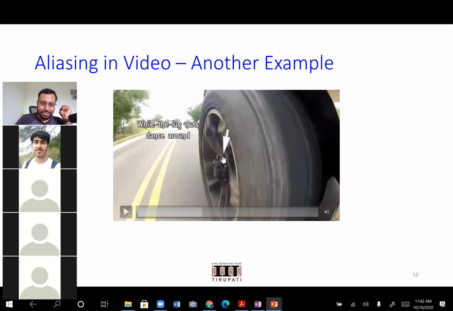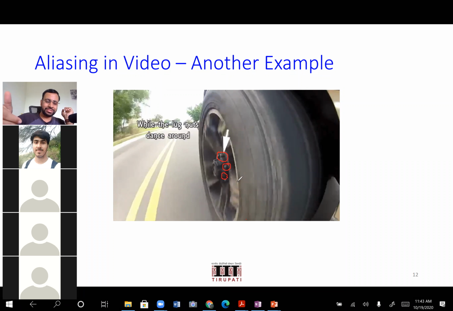See, the way we interpret whether it is moving forward or backward is you look at these nuts, and while it is rotating, you don't really know whether in the next frame, assuming it is rotating forward, this nut got replaced with that nut, or whether there is one more nut here.